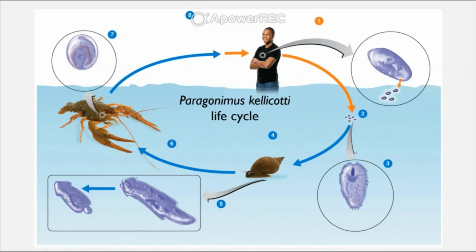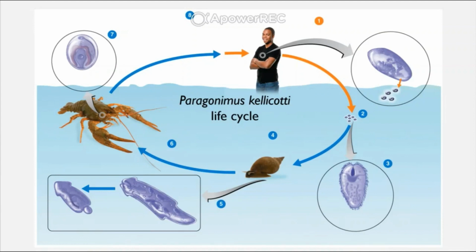The adult fluke releases eggs into the bronchioles of a human lung, and the sputum contains eggs, and these eggs can be swallowed and secreted in feces, and if the eggs find their way into the waterway, they will hatch and form into free-swimming ciliates, and then these ciliates can infect a host, which is a snail, and then they can also be consumed by crayfish, which are predatory for a lot of snails.